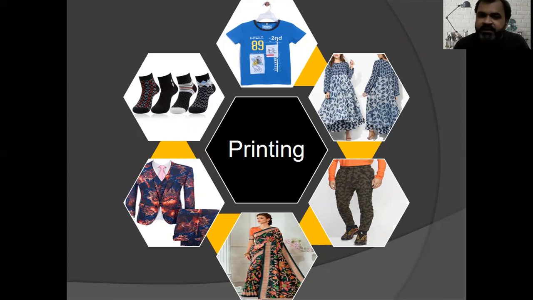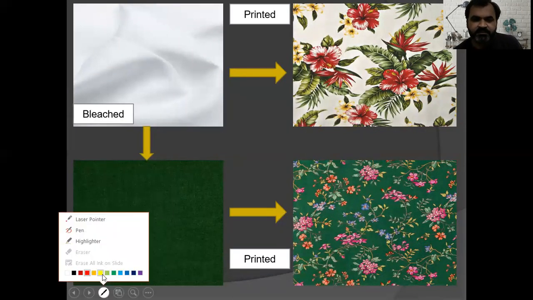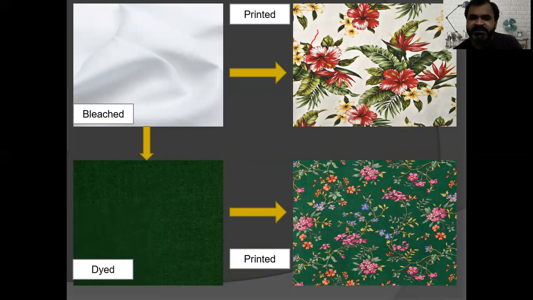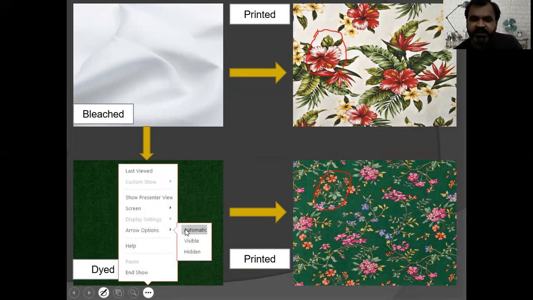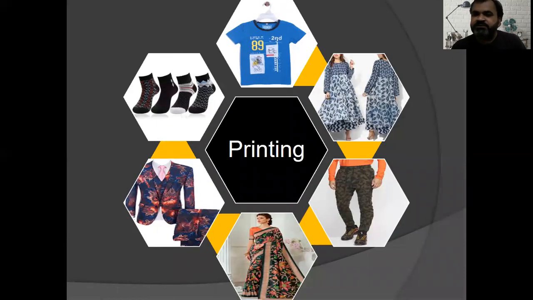So what we are doing in printing, we are producing a color on a specific area on the fabric. You can see here, we are producing the color on the fabric at the specific area, with a specific pattern, and that's why we can produce different designs, different colors on the specific region.